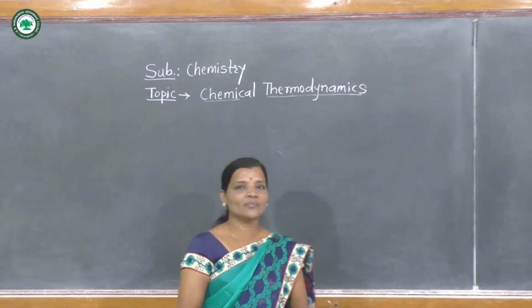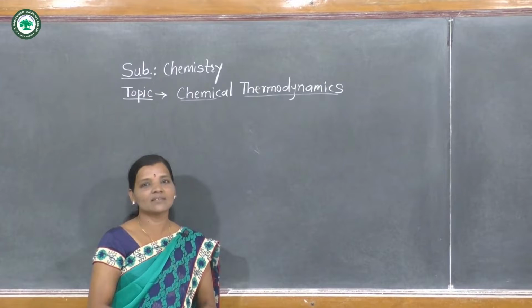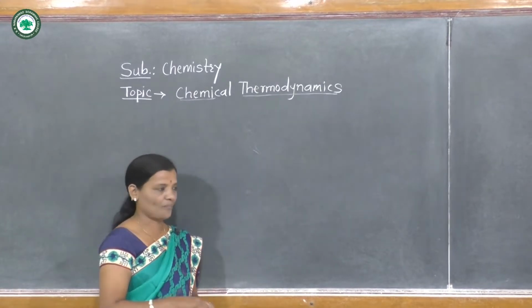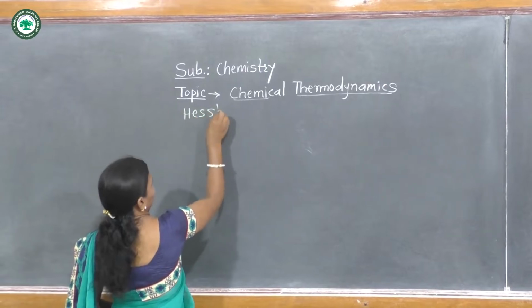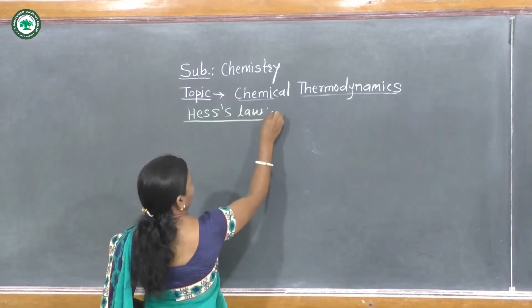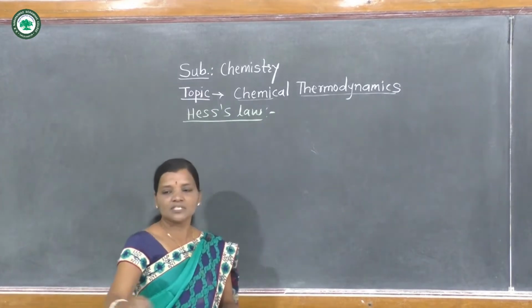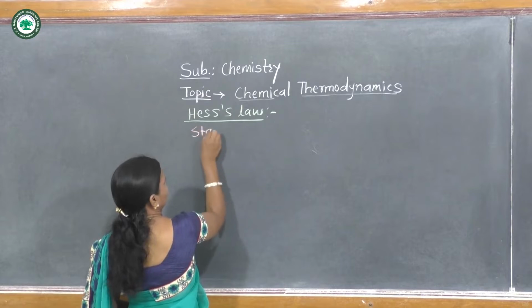We have started our topic Chemical Thermodynamics, and today we are going to see the concept of Hess law. Now let us see first what is the statement of this law.